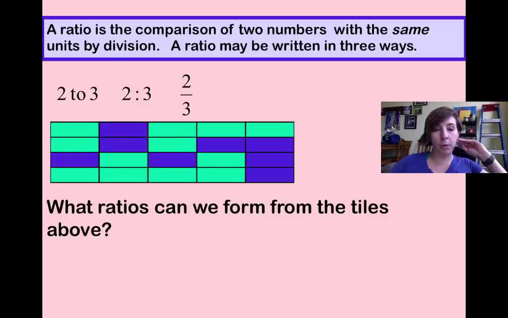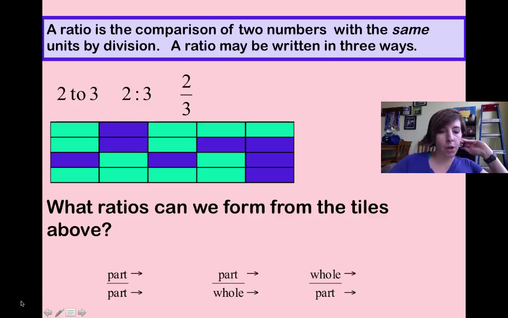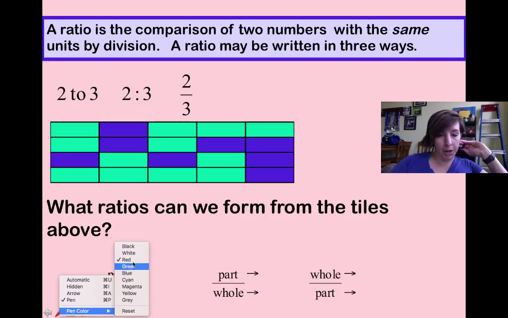We have a pattern with green tiles and purple tiles. What ratios can we form from the tiles above? We have part to part, part to whole, and whole to part. Remember, the order that we write these matters.